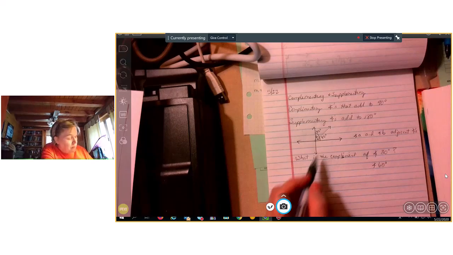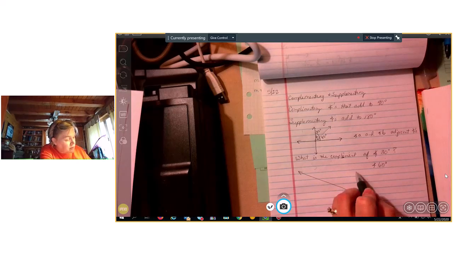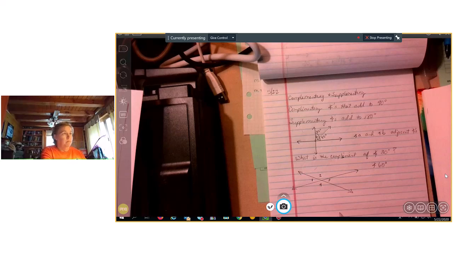So when we were talking on Monday about intersecting lines, I have these four angles.